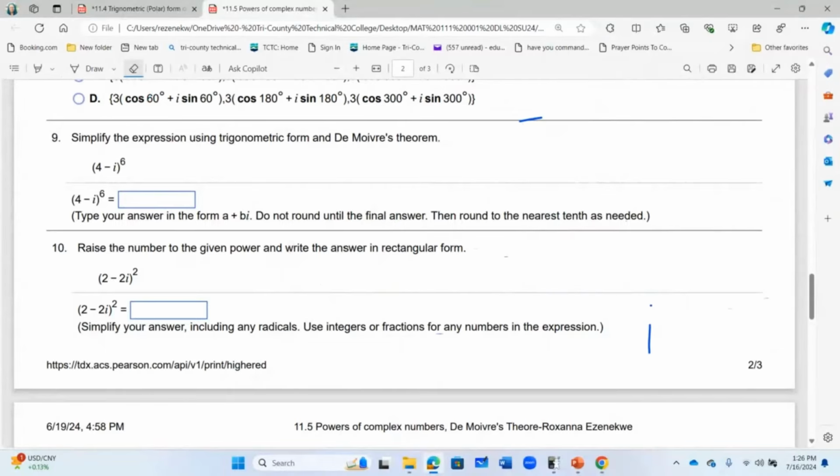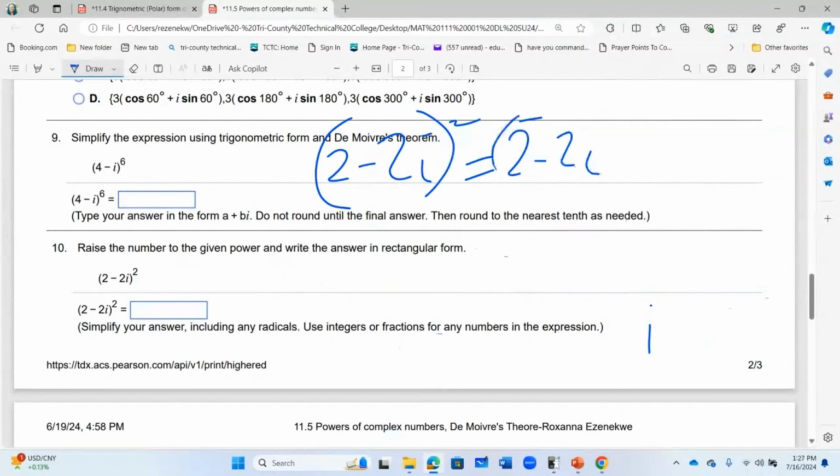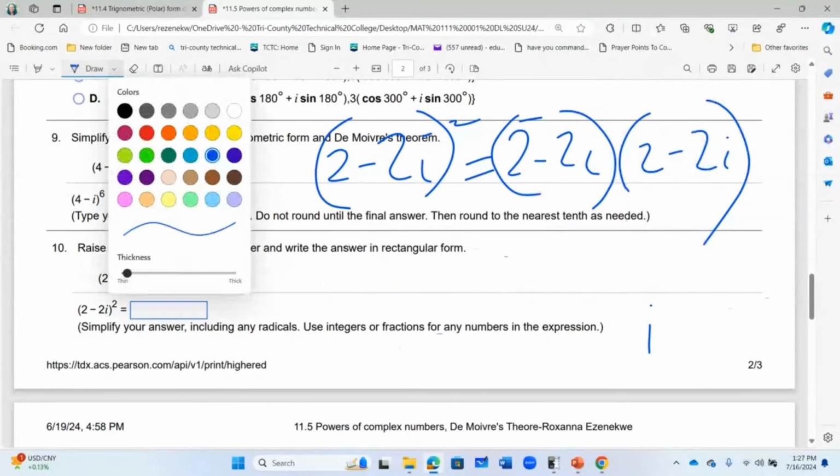I can do it by ordinary foiling. So in number 10, I have 2 minus 2i squared. I can just rewrite it as 2 minus 2i multiplied by 2 minus 2i. Now that I have done it this way, I can FOIL.